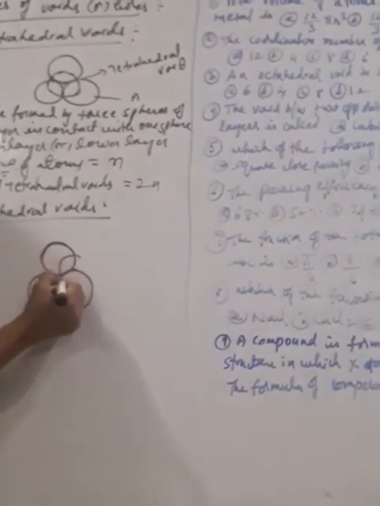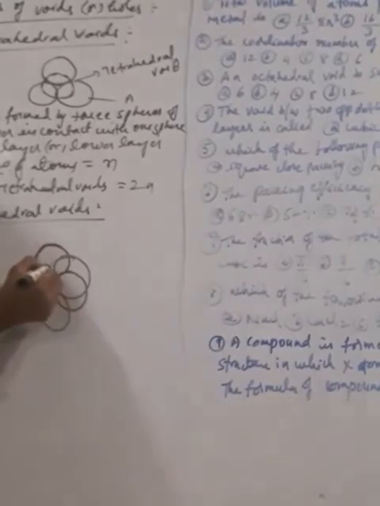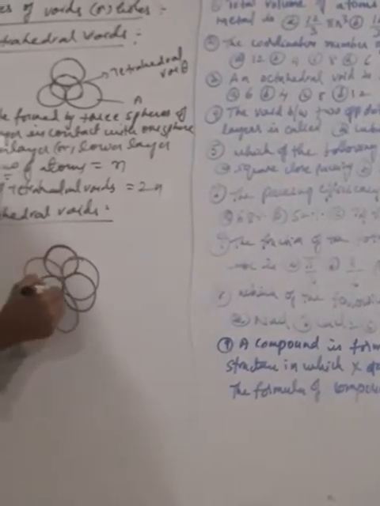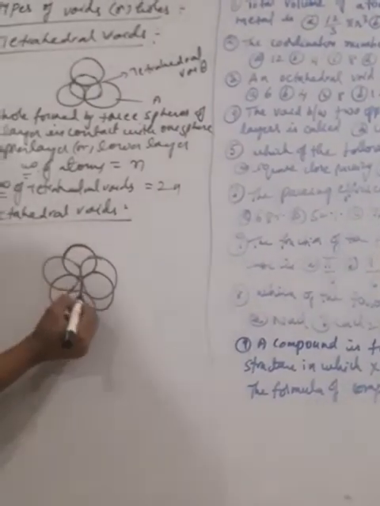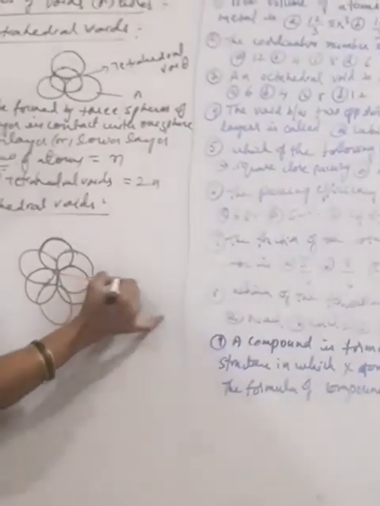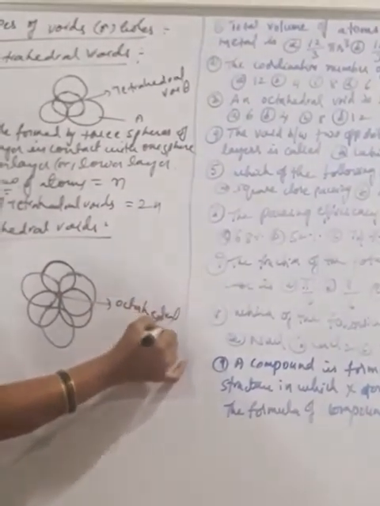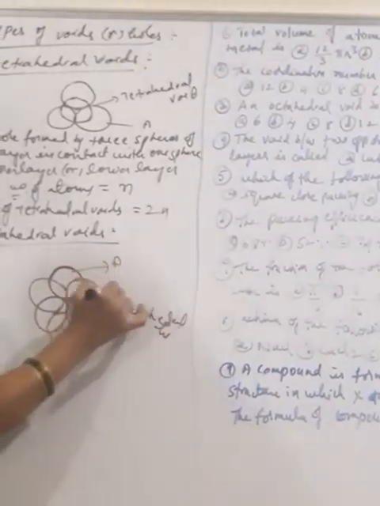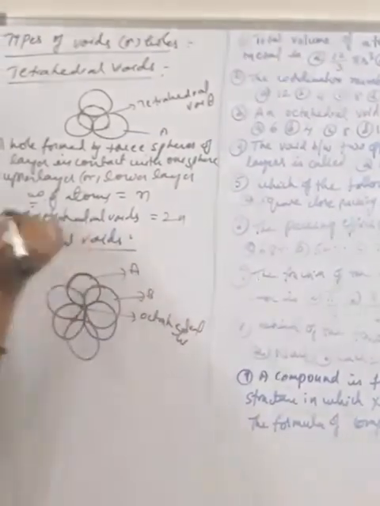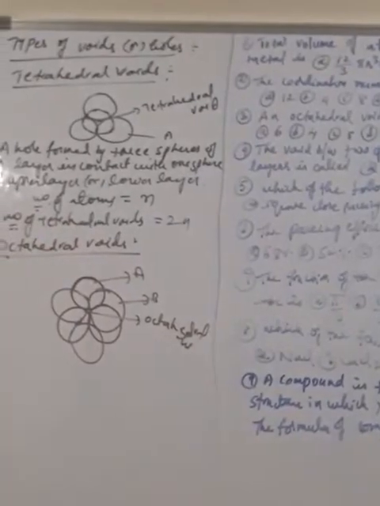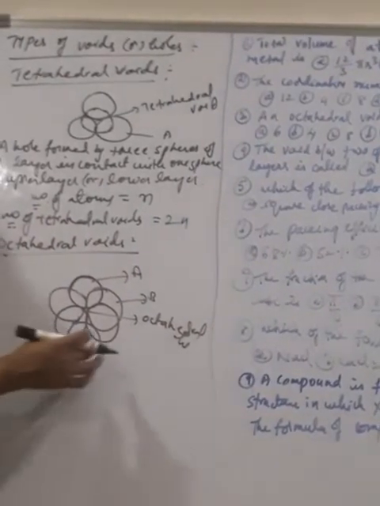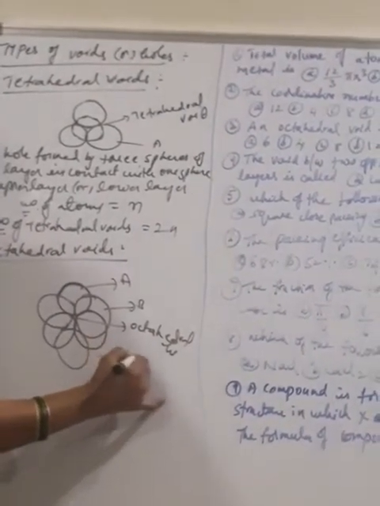So this is an octahedral hole. This is the A layer, this is the B layer. It is formed by 6 spheres.